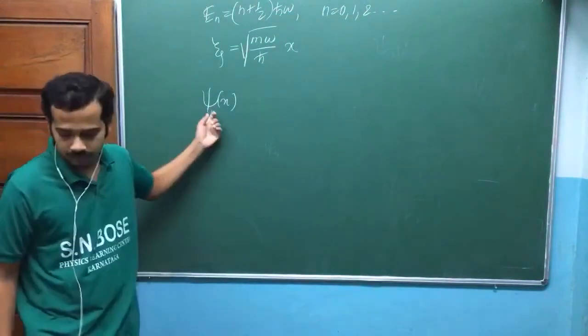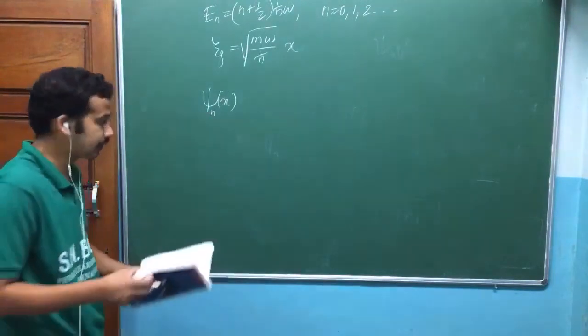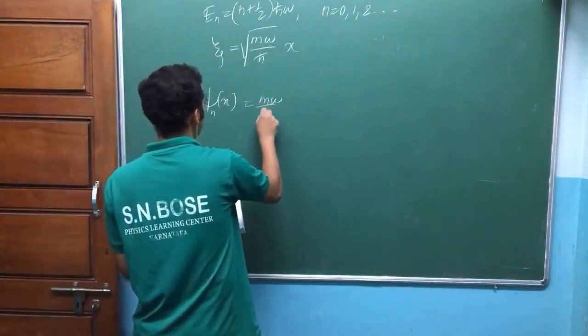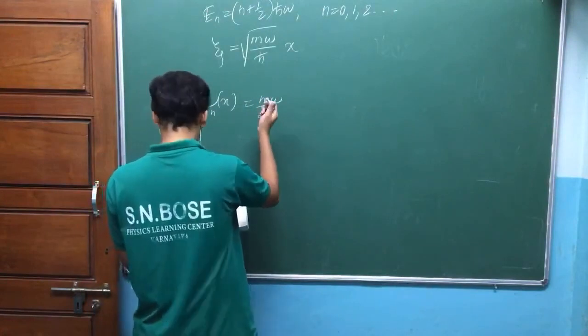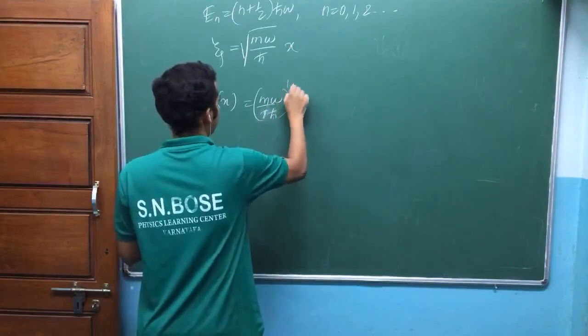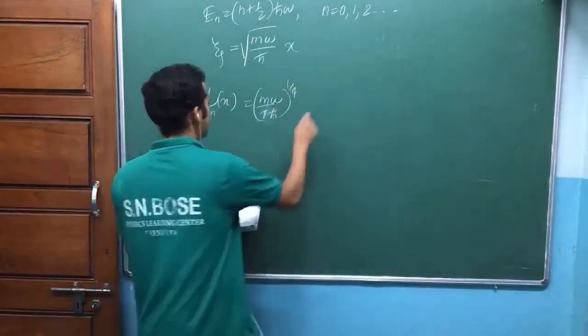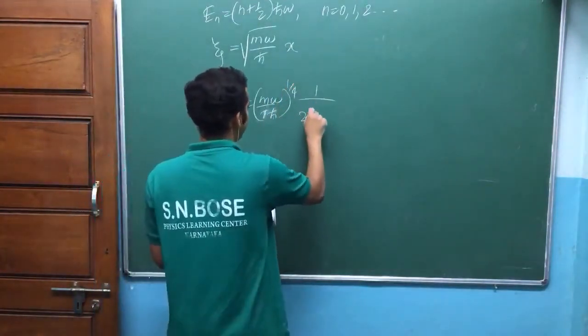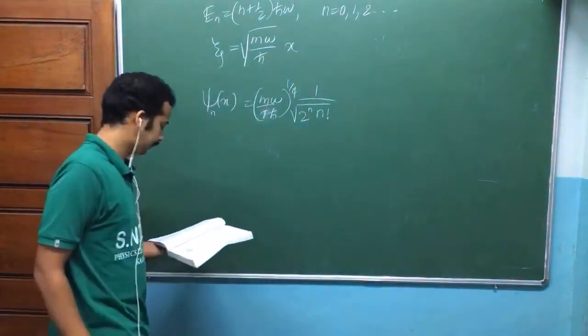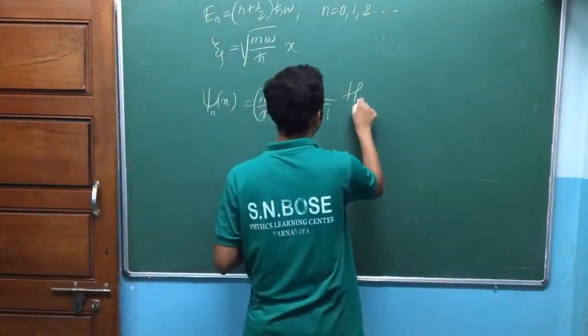Okay, so if you find psi n of x using that solution of the differential equation, you will get this one: m omega by pi h bar raised to 1 by 4, into 1 by 2 raised to n, n factorial under root, H n of xi.